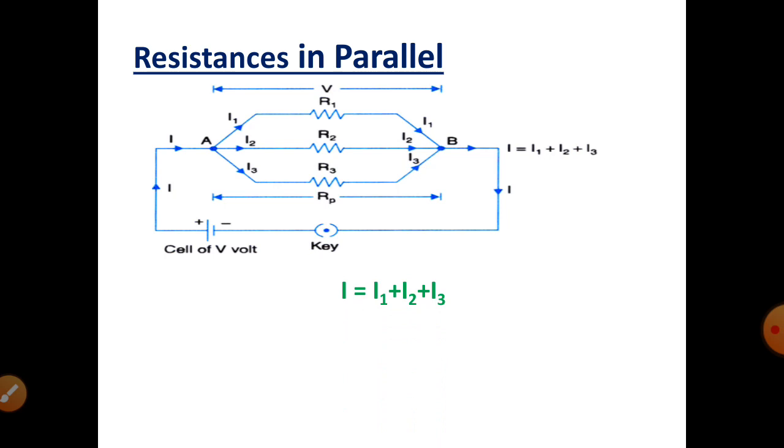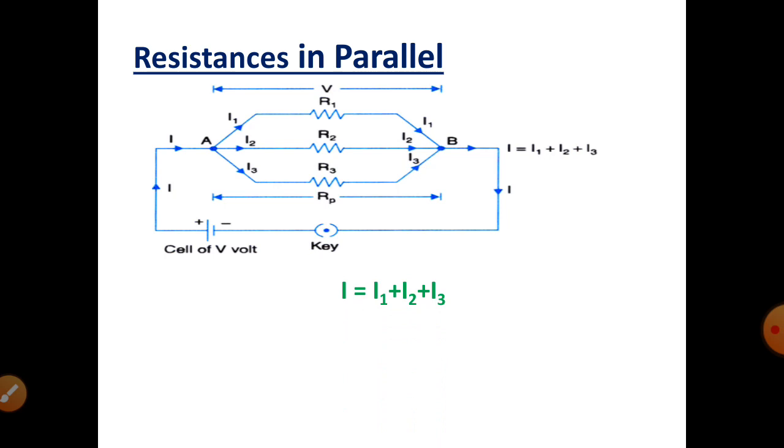Now here again, using Ohm's law for each resistance R1, R2 and R3, for R1, the potential drop across R1 is V and the current flowing through R1 is I1. So we can write I1 is equal to V upon R1. Similarly for R2, current through R2 is I2, potential drop across R2 is V, so I2 is equal to V upon R2.